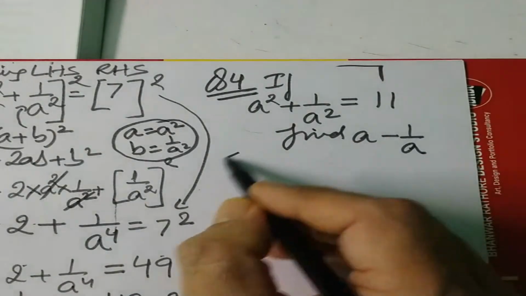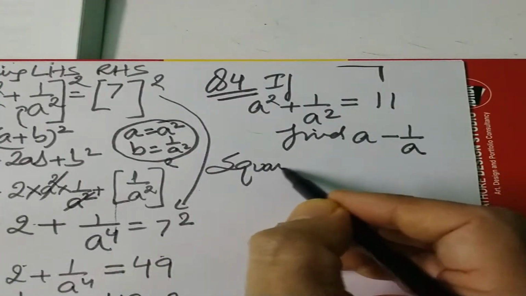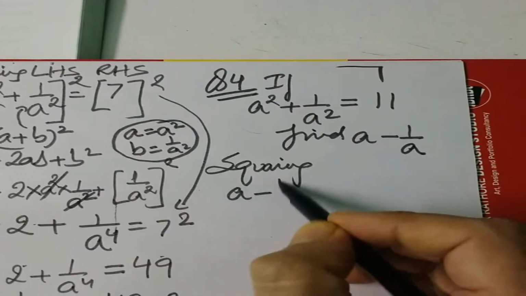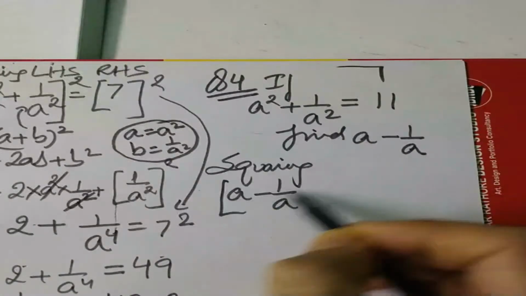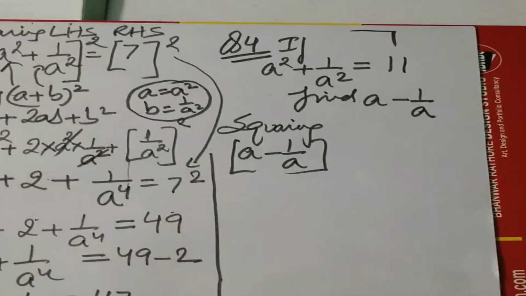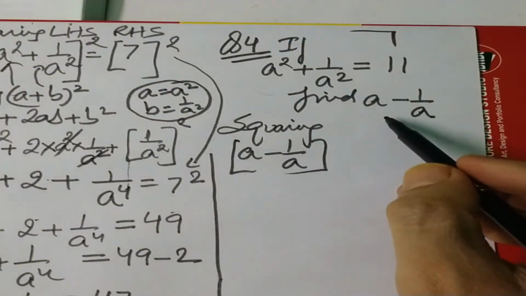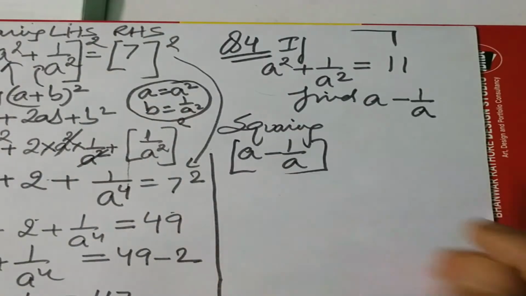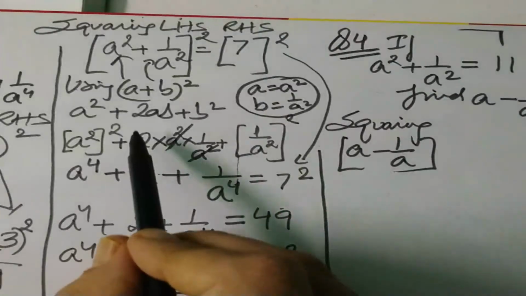So I will write squaring (a - 1/a). I will do the square of this term. a minus this, fine. Now this (a - 1/a) will be solved again by using the same formula.